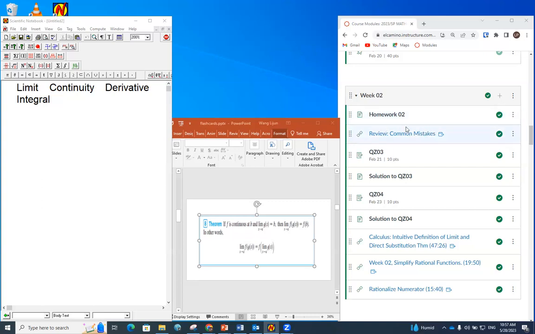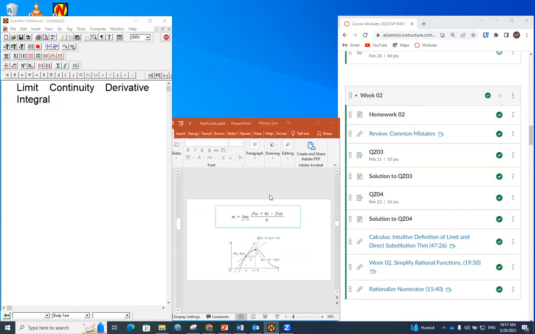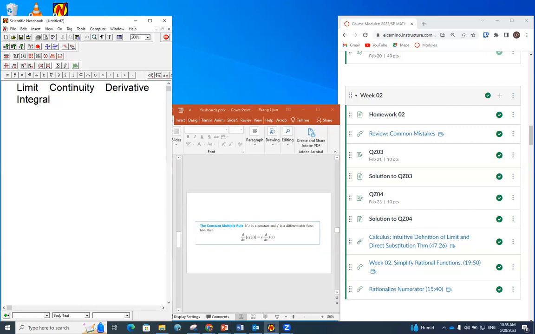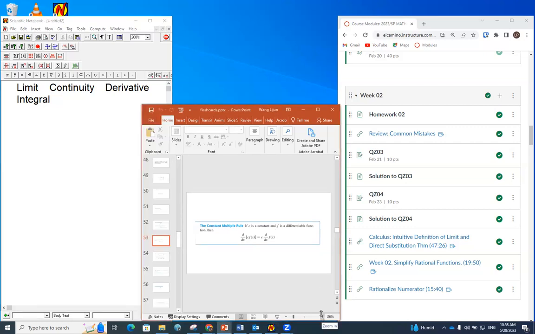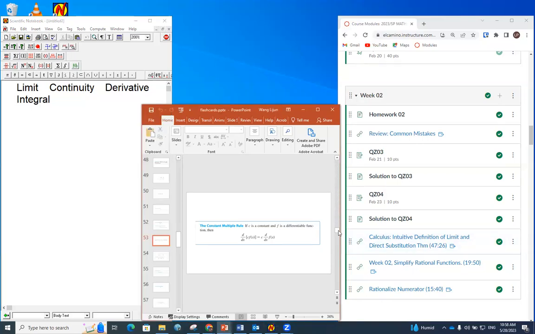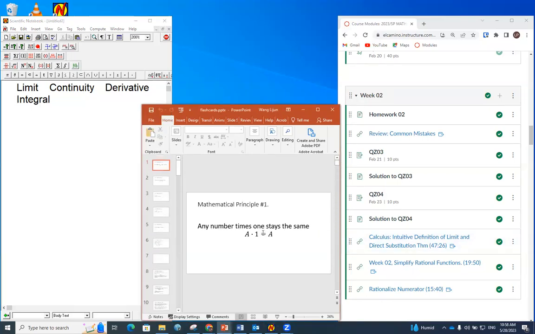So when you review the homework you have done, be mindful of what principle is being used, what definition is being used for that particular question, and why you do each particular step. That's what I'm asking you to do, because the homework you've done will be your resource to review those materials. For example, we start from the first week.